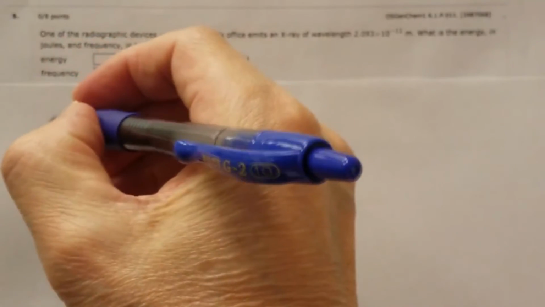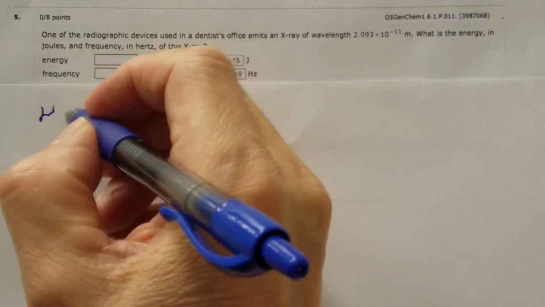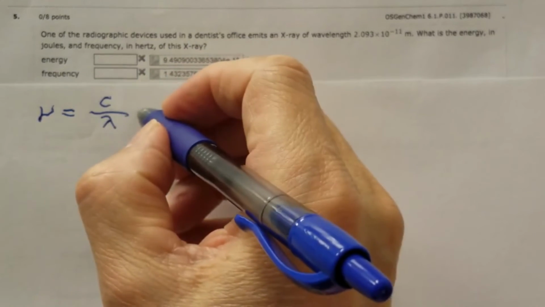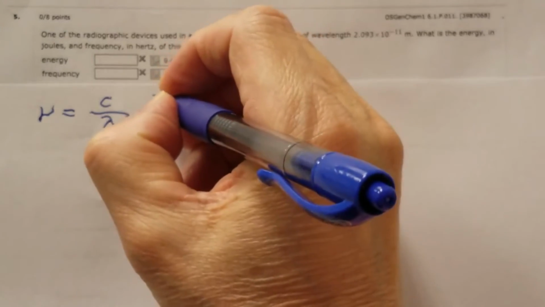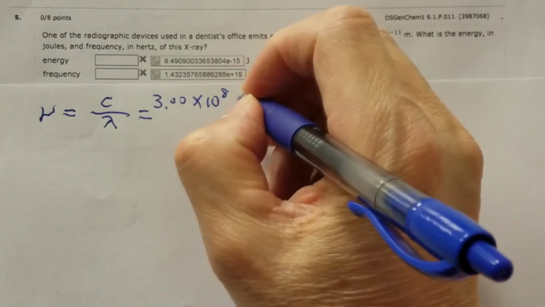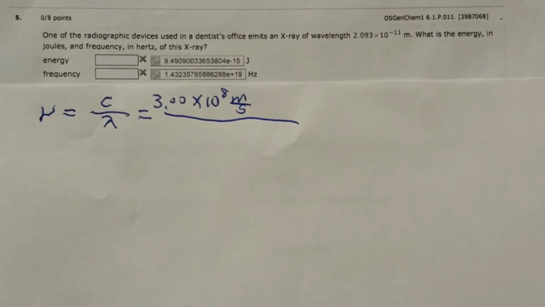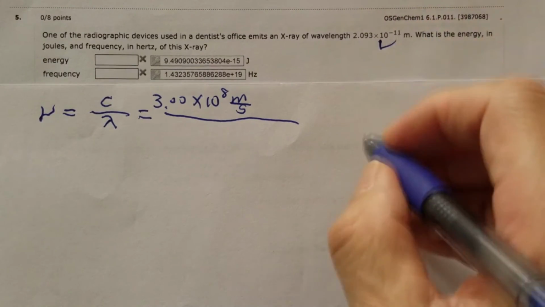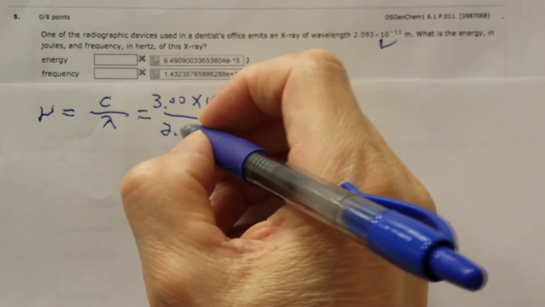We can simply use this equation you are already familiar with, C over lambda, all right? And then it's meter per second. And then the wavelength is already given in the problem, all right? So it's already there. We just copy that number.